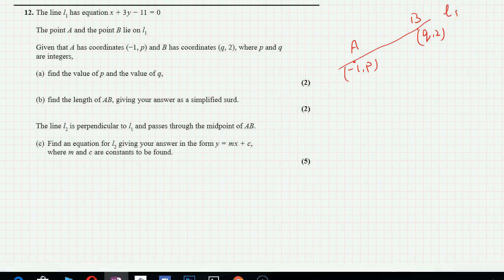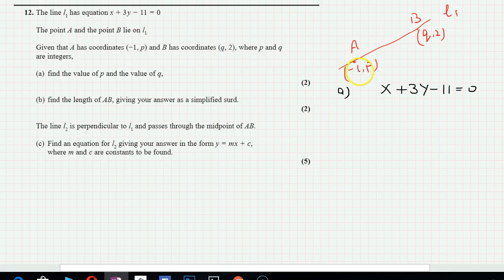Now we are solving part A. The equation of the line is x plus 3y minus 11 is equal to 0. Whenever you get this kind of equation and an unknown value is given, put the value of x or y in the equation, because these points are on the line, so they have to satisfy it.